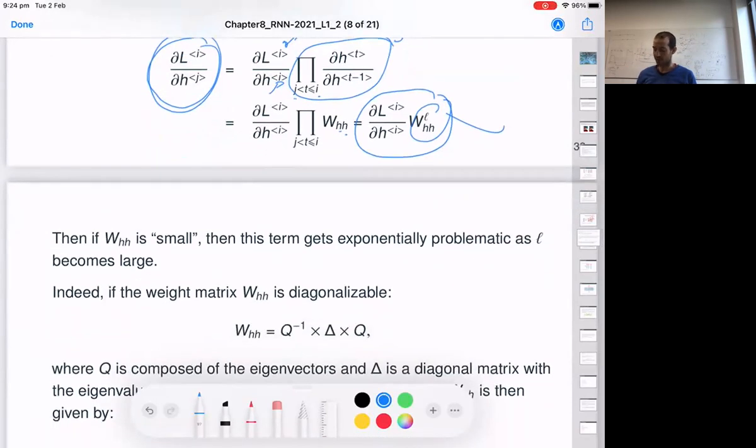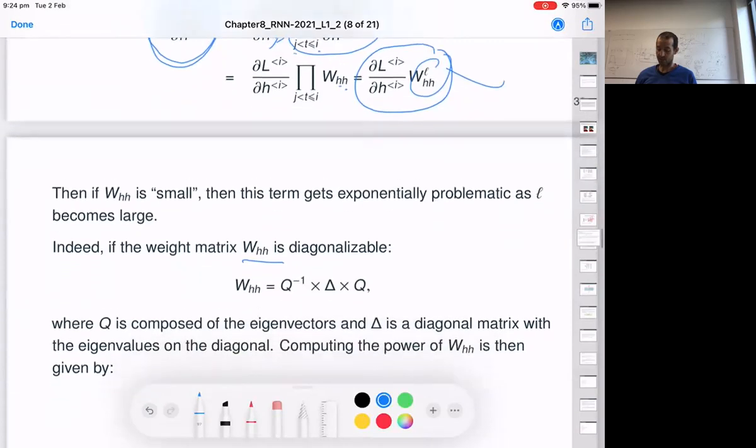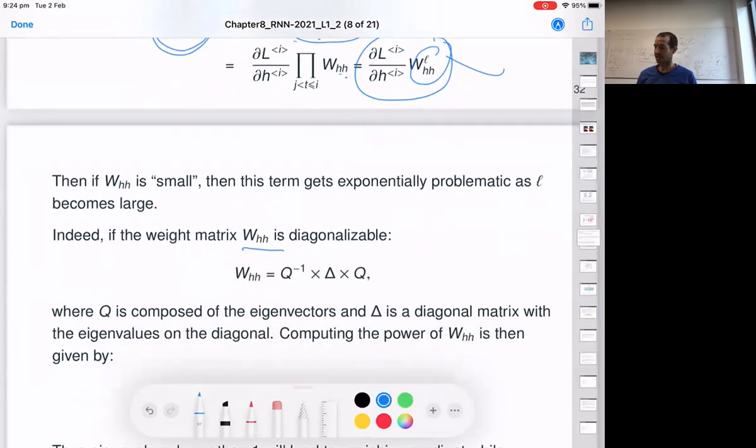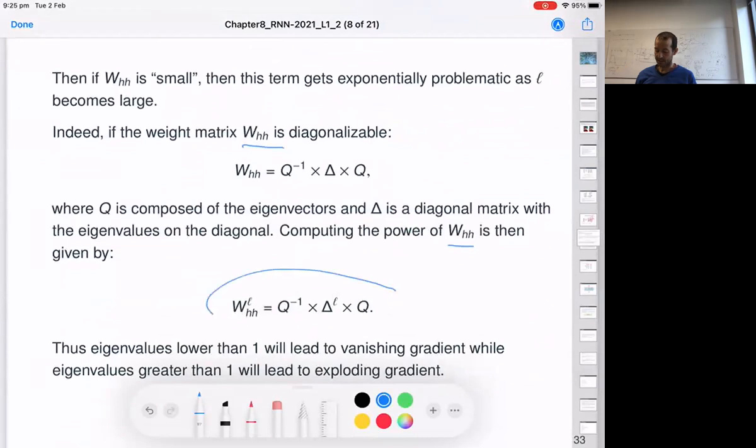So if I formalize it a bit more, if you consider that WHH is a diagonalizable matrix, you can decompose this matrix into three matrices, Q minus 1 multiplied by delta multiplied by Q, where Q is the eigenvectors, and delta is diagonal with the eigenvalues. You know this by simple algebra. So if you want to compute the power of WHH, because we want to compute the product of the powers of WHH, it is easily done with this equation.